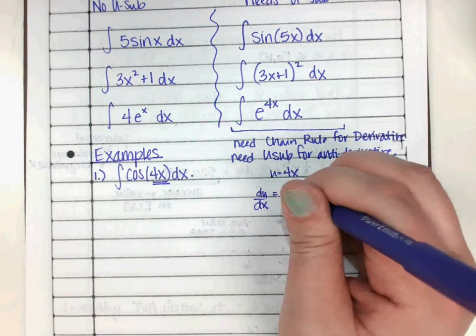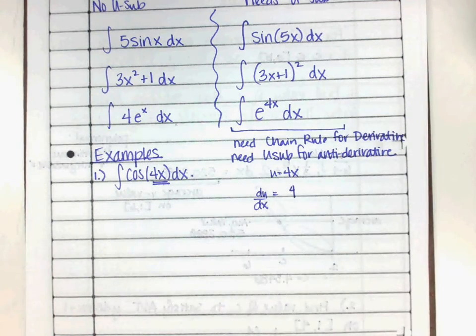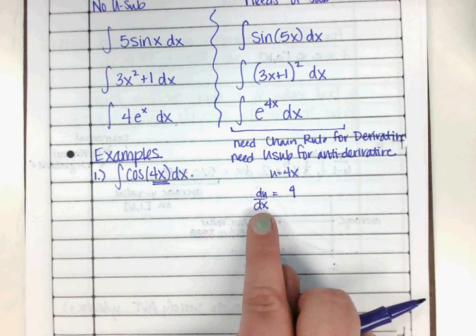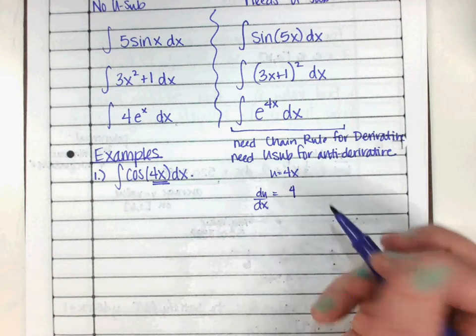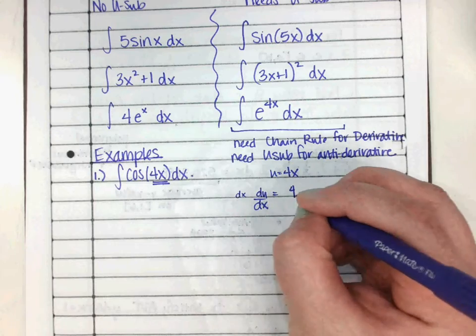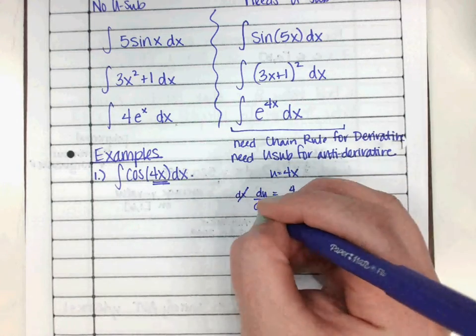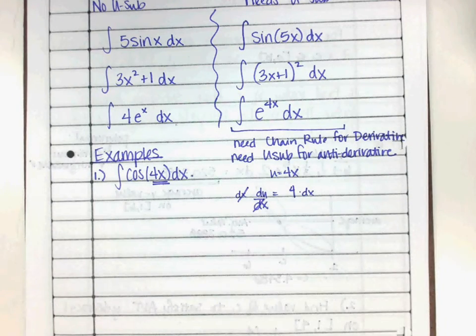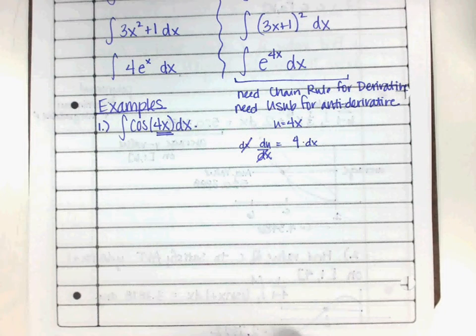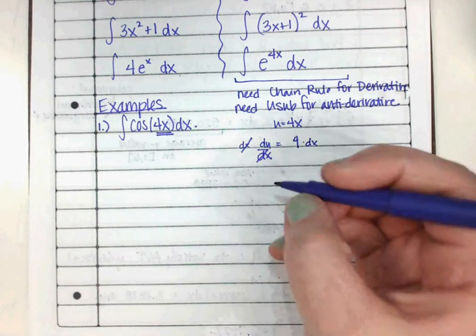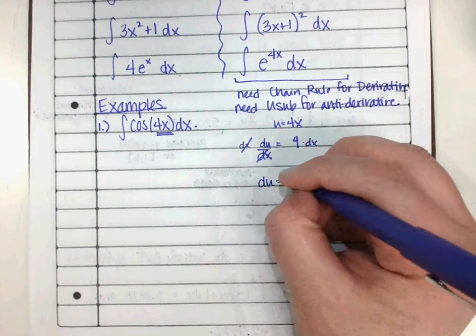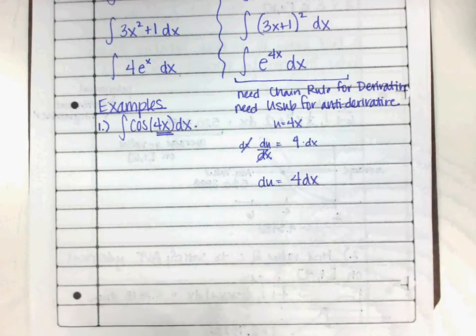4. Okay, the next thing that you're going to do is take this dx off the bottom, and multiply it on both sides to where now it's on the 4 side. So I had du dx. I multiplied it across to the 4 side. So now it's a 4 dx. Everybody good to there? So I have this: du equals 4 dx.